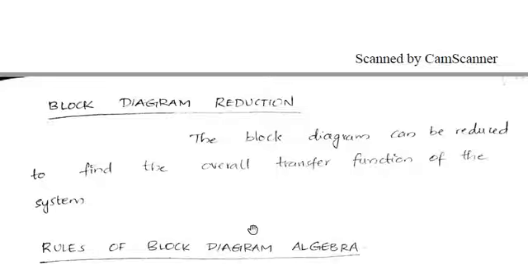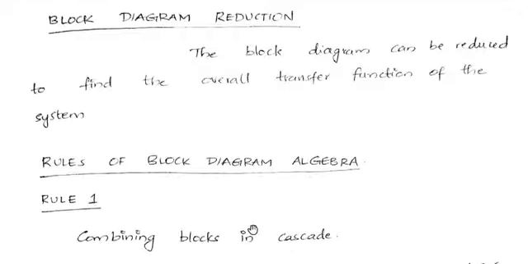For that we will try to reduce that large system to simpler and simpler systems, and ultimately we will find the overall transfer function. For doing that, we need almost 11 rules that are applied in this technique. So you should know which these 10 to 11 rules are and how we can apply them. So we shall move on to the rules.